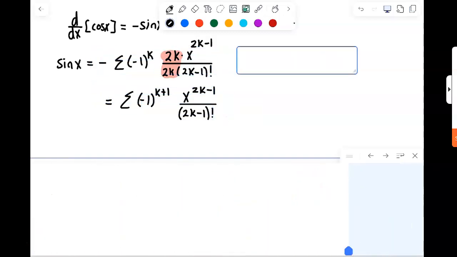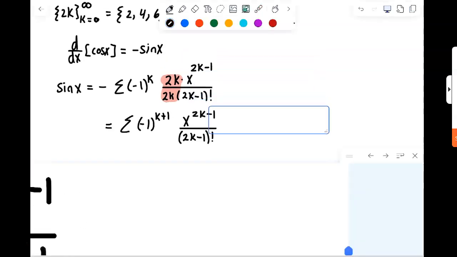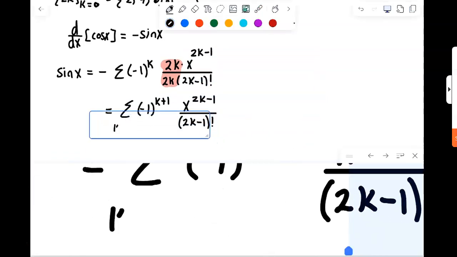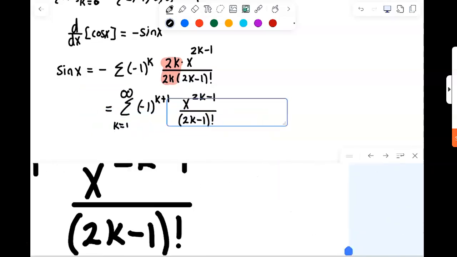And now the original series for cosine is going to lose that first term. This formula doesn't work until we ignore the first term, which was a 1. Derivative of 1 is 0. So that's going to be gone. So this is actually going to be starting from 1 and moving on to infinity.